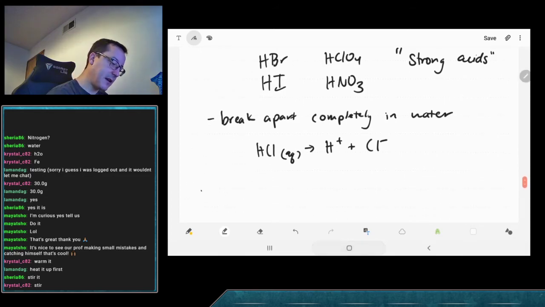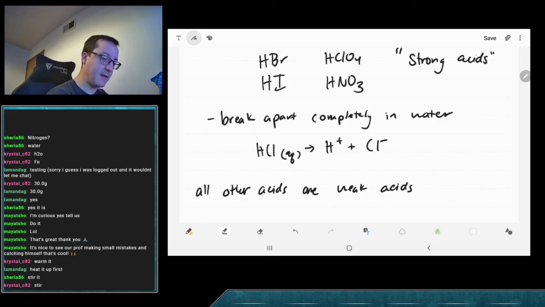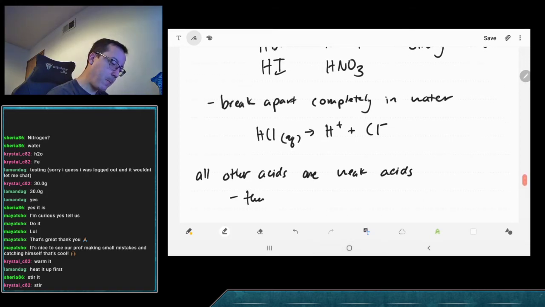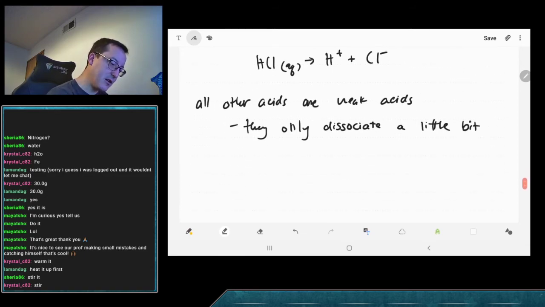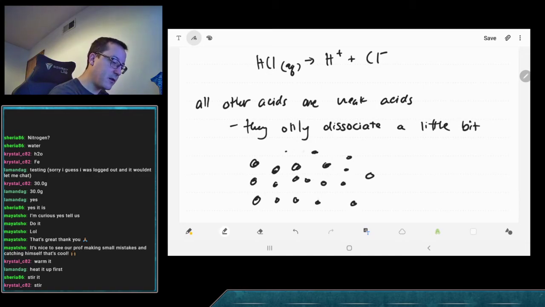All right, we're going to see that all other acids are weak acids, meaning they only dissociate a little bit. So if we were to put a bunch of acetic acid or phosphoric acid or whatever your favorite acid is, most of them, I know I'm kind of drawing it as if it were a solid, but here, I'll make this a bit more accurate. They're liquids.